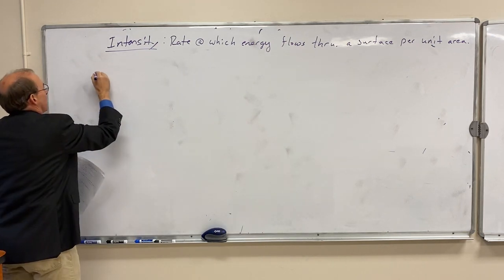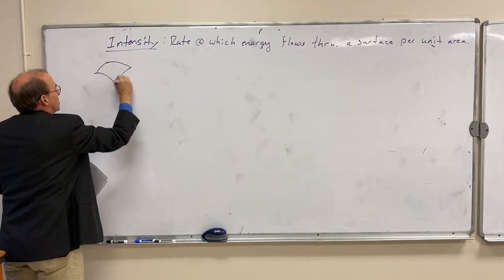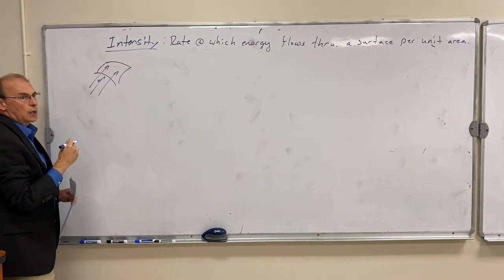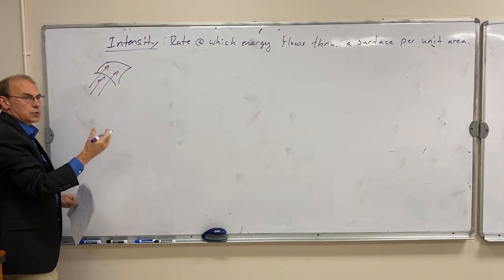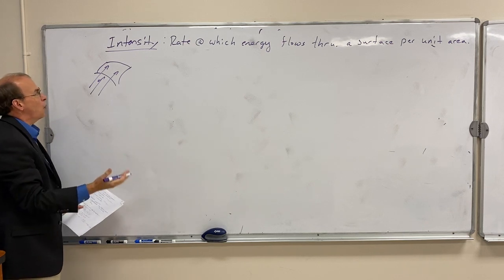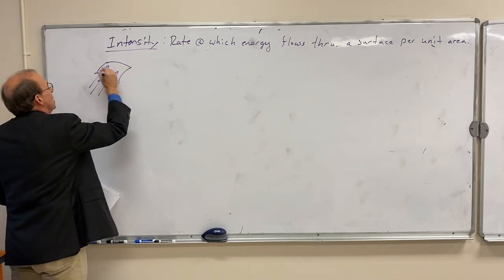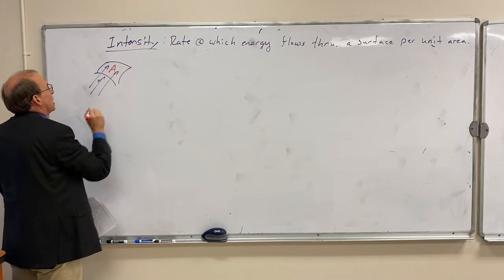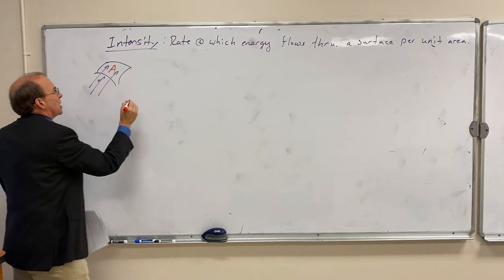So if I've got some surface here, and I've got energy going through that surface, it could be due to sound or light, is presumably in this chapter due to some waves going through that surface. This surface past some area A, and there's energy passing through it.